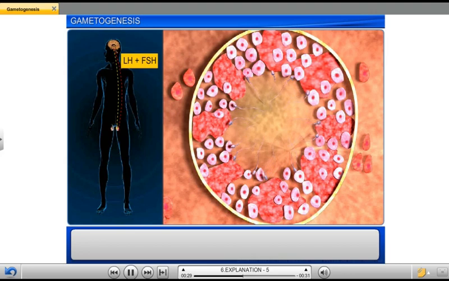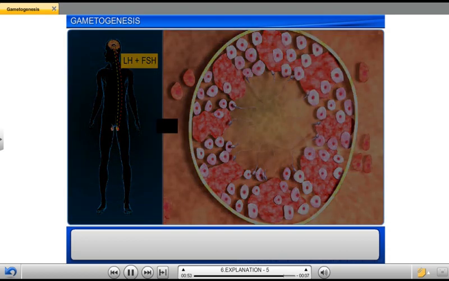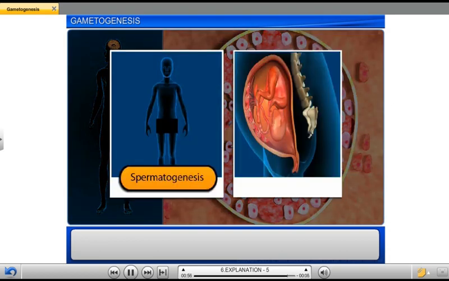LH in turn stimulates the Leydig cells to synthesize and secrete androgen, a hormone that triggers spermatogenesis. FSH, on the other hand, acts on the Sertoli cells to stimulate the secretion of substances that nurture sperm cells during spermatogenesis. While spermatogenesis occurs at puberty, oogenesis is triggered before a woman's birth.